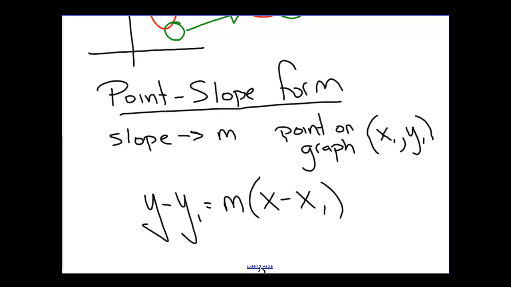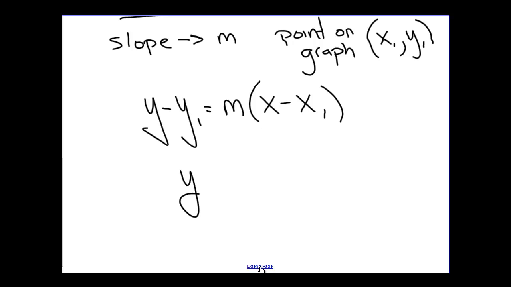Now we're going to use this form, or a slightly different version of it. Maybe we will rewrite this as y equals m times x minus x1 plus y1.